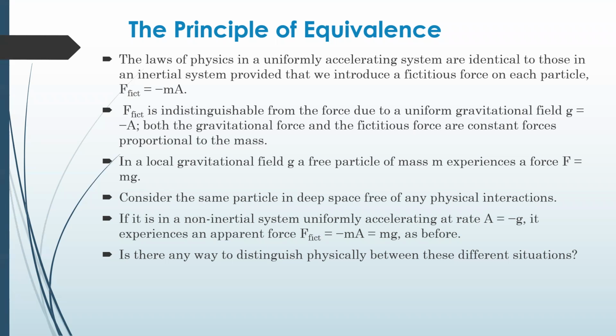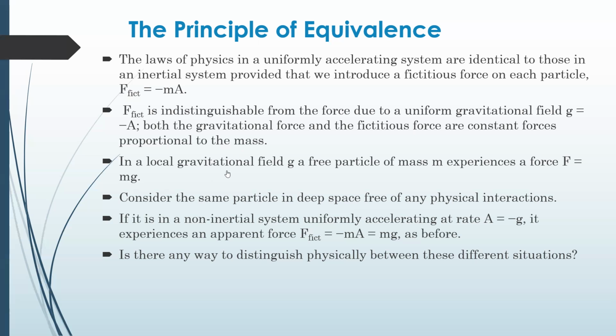Here in the two sentences, the fictitious force is F equal to minus ma, and the force on the same ball on the earth must be equal to what? F must be equal to m into g, where g is the acceleration. So we can say that both gravitational force and fictitious force are constant forces proportional to the mass.